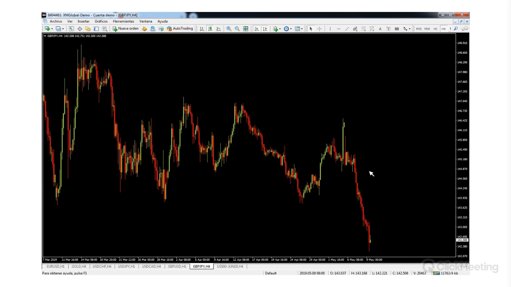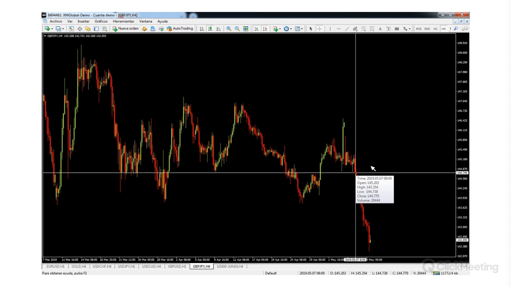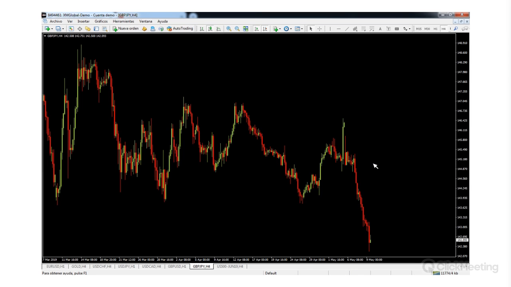The Gepi is the pound versus the yen. Actually, now that I'm watching this chart, I am looking at a huge missed opportunity. But it doesn't matter, guys.